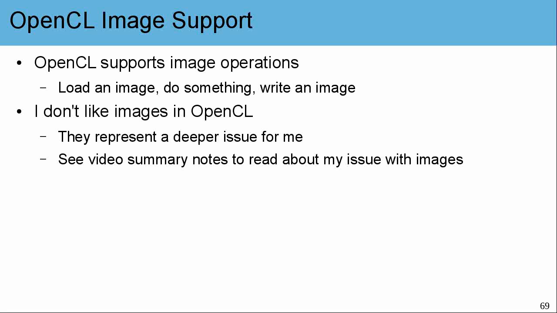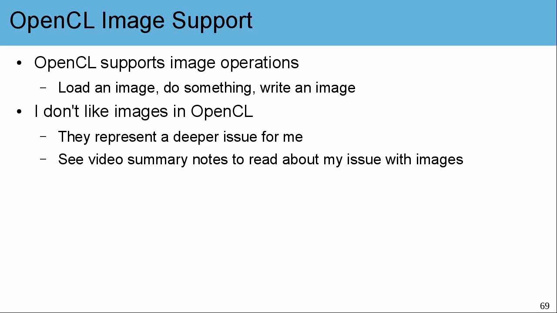I personally don't like images in OpenCL, and it's not that I don't like graphics or that I have a problem with images and I'm saying get off my lawn. The problem is that I think they represent a deeper flaw. Now, this is a more advanced topic. If you see the summary notes, you can read about my issues with images in an article I wrote about SPIR, which is something else.